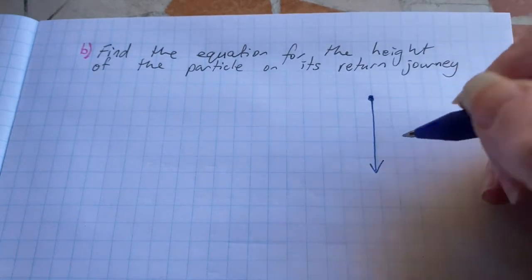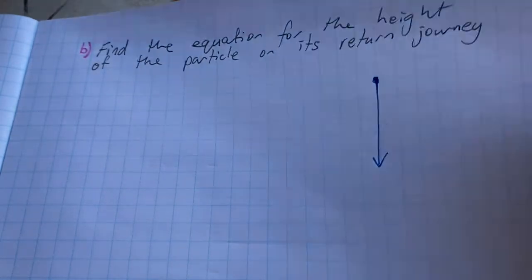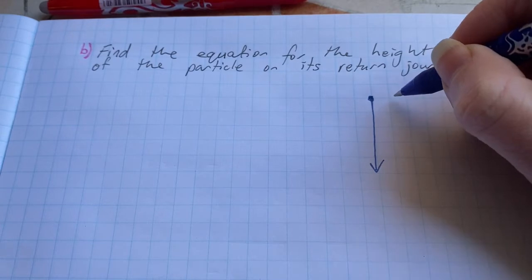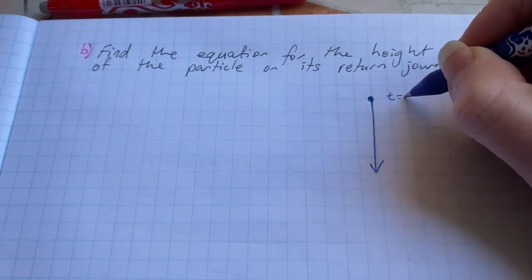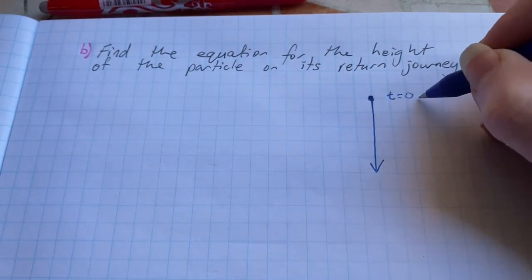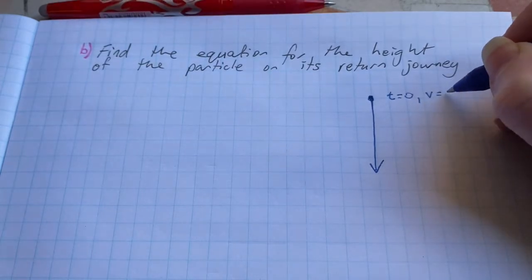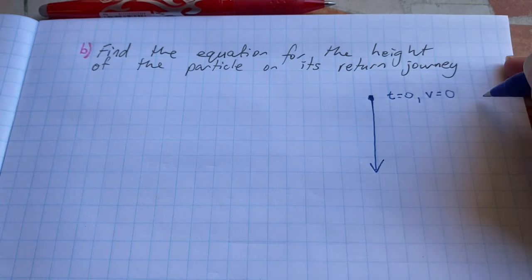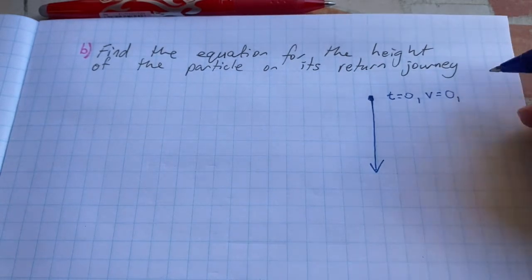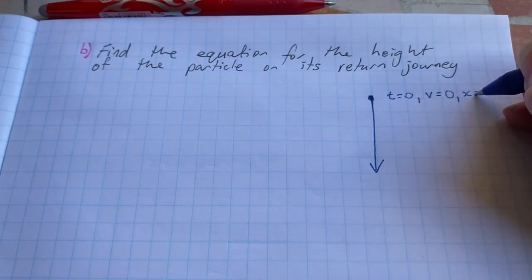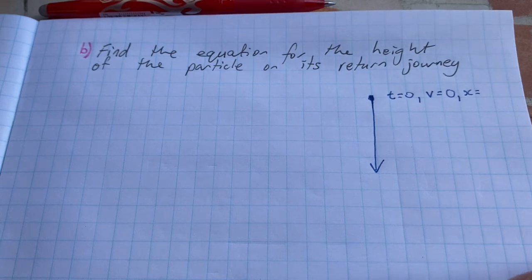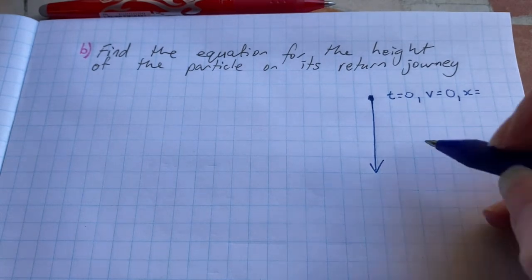So it's going down. And again, our frame of reference, whether it's positive or negative. But we are starting again. So this is now our t equals 0. And at this point, its velocity would be equal to 0 because it's a stationary point. Let's just think a little bit more about our x for a moment. While you're thinking about that, let's look at the forces acting on it.